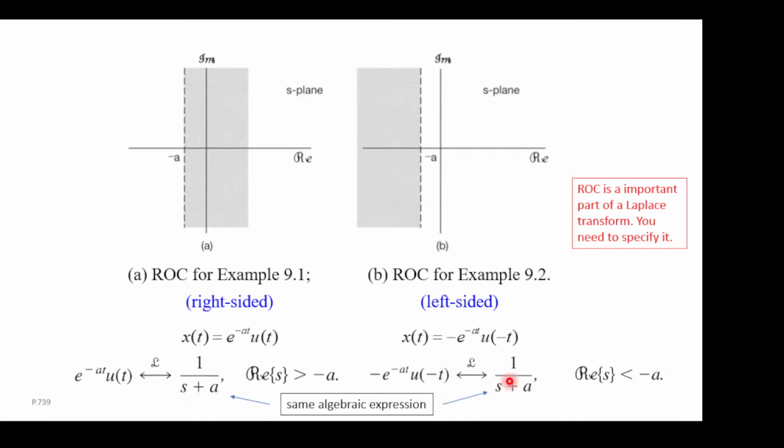For a rational function, we break your big X of s into terms like a summation of 1 over s plus different a, then you look at the ROC to decide whether it is the right side or left side. Then you reverse back into e to the minus at u of t or minus e to the minus at u of minus t. That's the inverse Laplace transform.